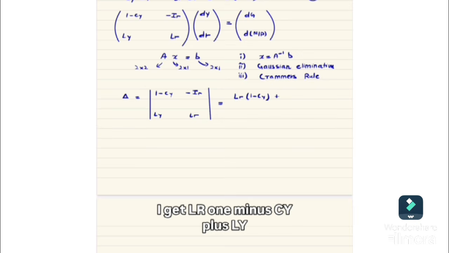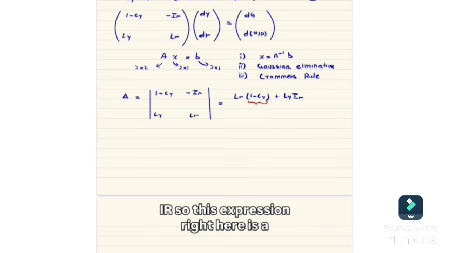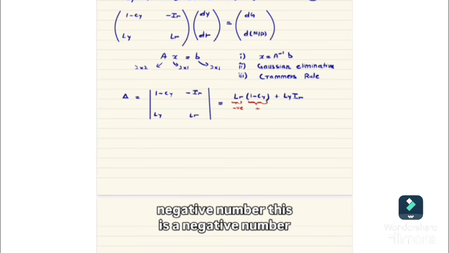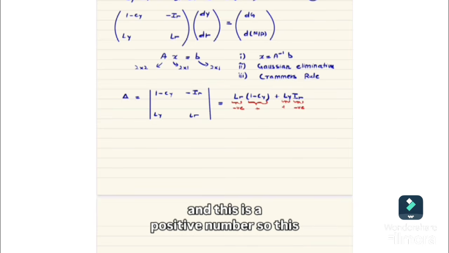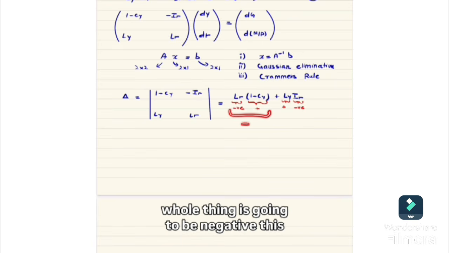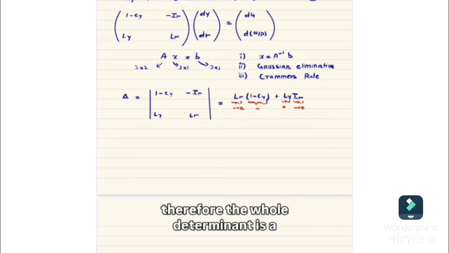So this expression right here is a positive number. This right here is a negative number. This is a negative number, and this is a positive number. So this whole thing is going to be negative, and this whole thing is going to be negative. Therefore, the whole determinant is a negative number.